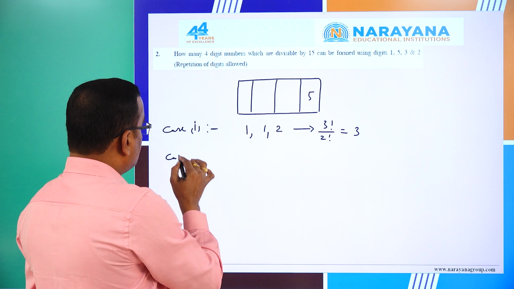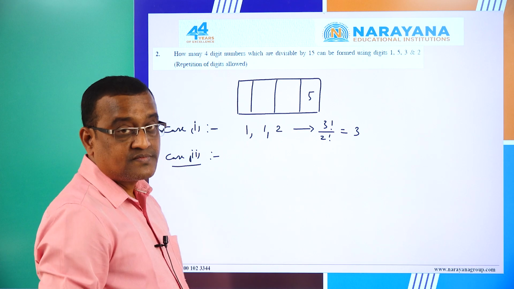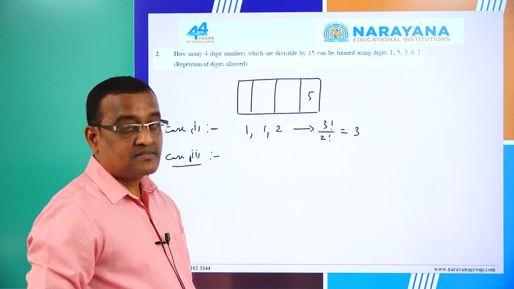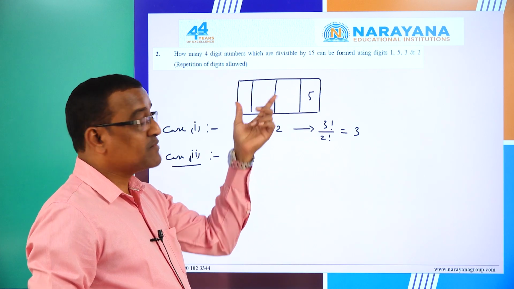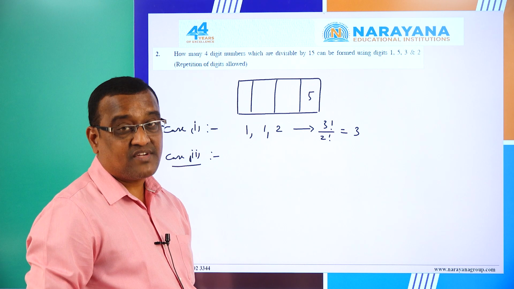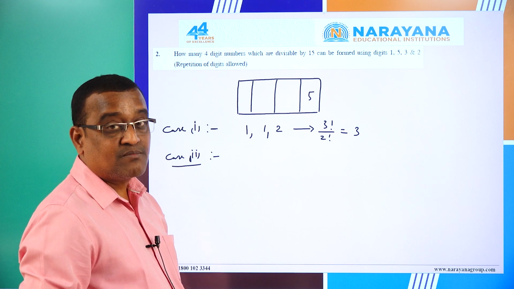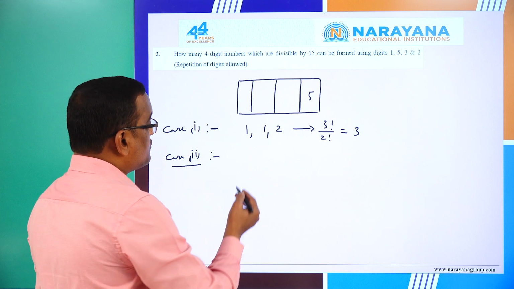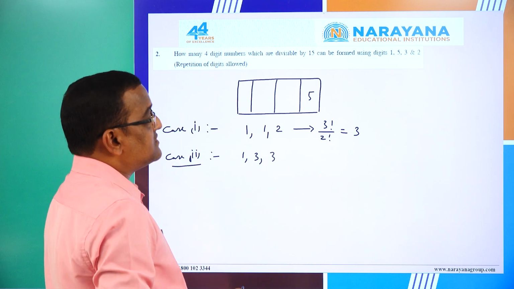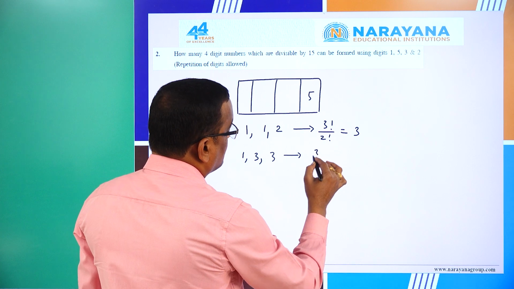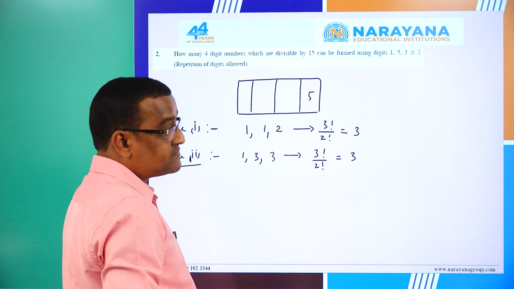And coming to the next case, I am taking sum 12, the sum of the 4 digits is 12. Already units place is 5, so the remaining 3 places sum is 7. So what are the possible ways of filling the first 3 places so that you get sum 7? The first one is 1, 3, 3, and this we can interchange in 3 factorial by 2 factorial ways, because 3 is repeated 2 times.